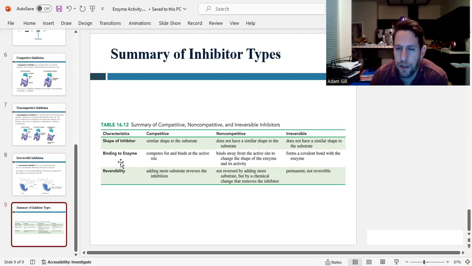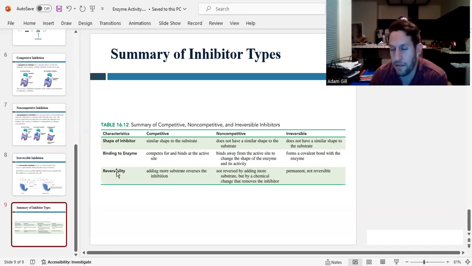The location where they bind to the enzyme. Competitive binds at the active site, while it's competing. Non-competitive does not bind at the active site. And an irreversible can bind anywhere. It could bind in the active site or it could bind on the outside of the enzyme. The key feature is that it forms a covalent bond and it's permanent.